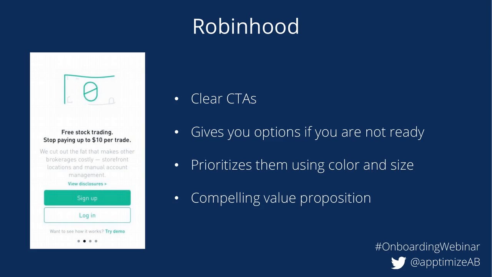It gives you a number of different options if you're not ready to commit to one in particular. And it prioritizes the one that the product owners really want to drive their users towards by highlighting the sign-up button. And there's a very clear and compelling value proposition. So we love this onboarding over at Aptimize.